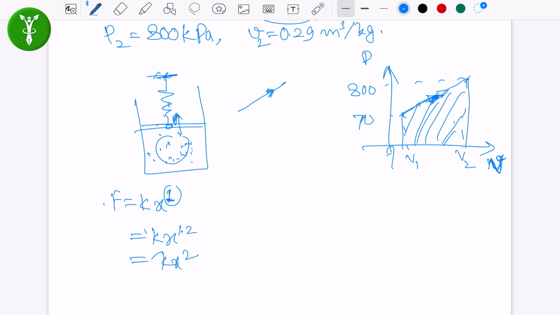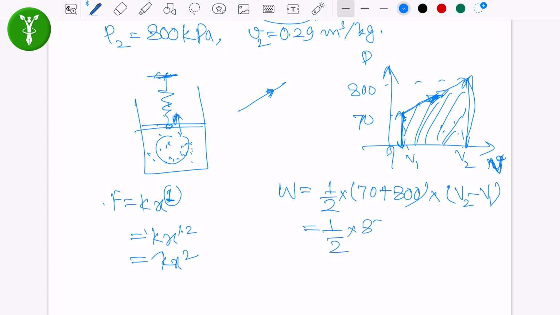So we will calculate the work done now. Area of a trapezium is half the sum of parallel sides into the base. The parallel sides are 70 plus 800. These are the two parallel sides, so the sum of these two, into the base. Base is V2 minus V1, and note that the sum is 870.